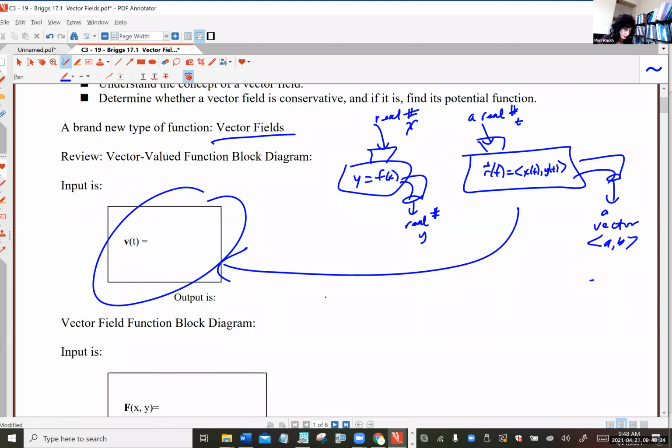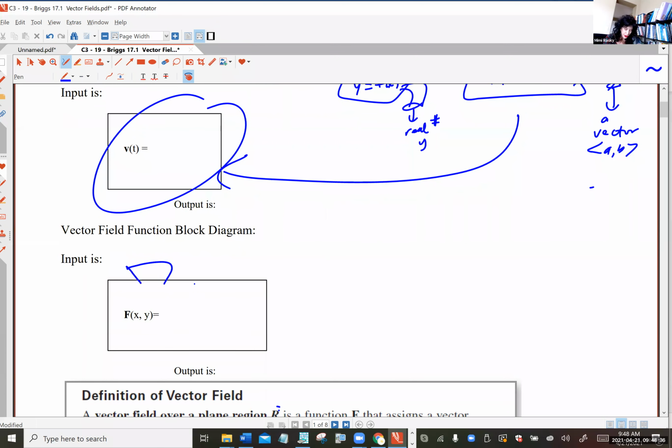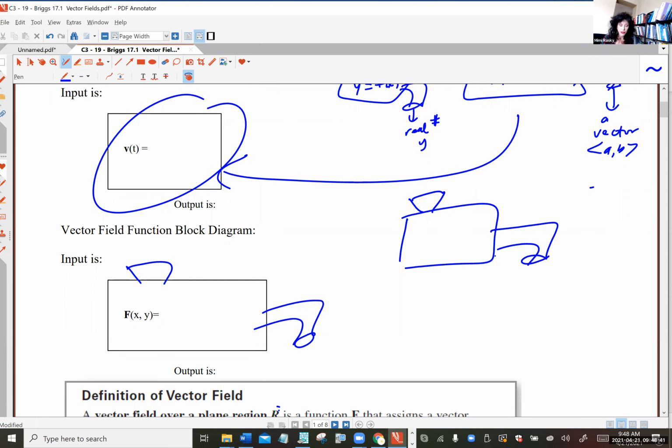Before we do the vector field function machine, I want to do one more function machine, because there is another kind of function you studied in this course: functions of more than one variable, because it's similar to the vector field, you'll see. What did we feed a function of, say, 2 variables? We fed it a point, not a real number. We fed it a point, x, y, and the output was just z, the altitude, if you will, a pure real number. So that was a function of 2 variables function machine.